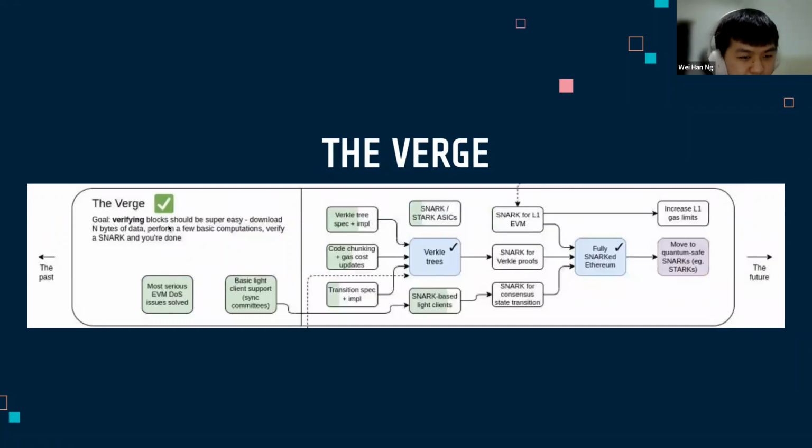And the next one, the Verge. The Verge is basically about making verifying blocks very easy. This is more related to the storage of the entire network, because if you have set up a full node, an Ethereum node yourself, maybe Kevin will talk about the clients later, the requirement to set up a node is very high, especially in terms of storage.